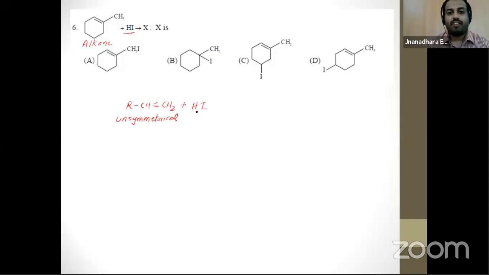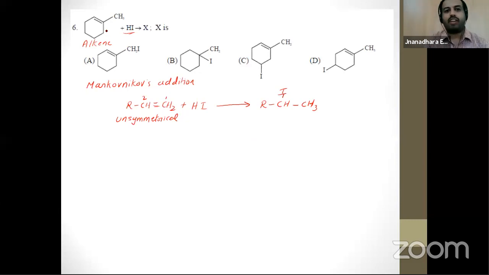And we know addition of halogen acid to unsymmetrical alkenes is governed by Markovnikov's rule. It is Markovnikov's addition, according to which the positive part of the reagent goes to the carbon of the double bond with more number of hydrogens. So the second carbon, if we number it as 1, 2, the second carbon will take up iodine and you get 2-iodo compound. And the first carbon takes up hydrogen. This is the essence of it.